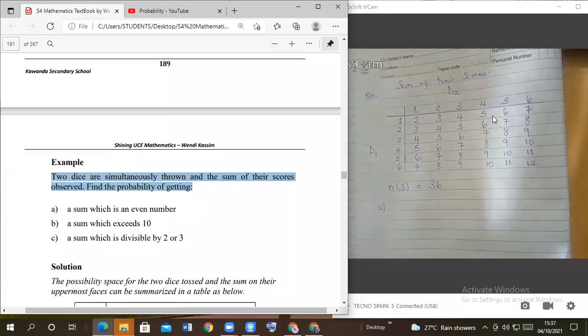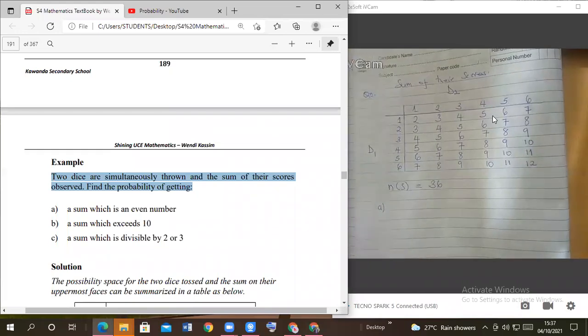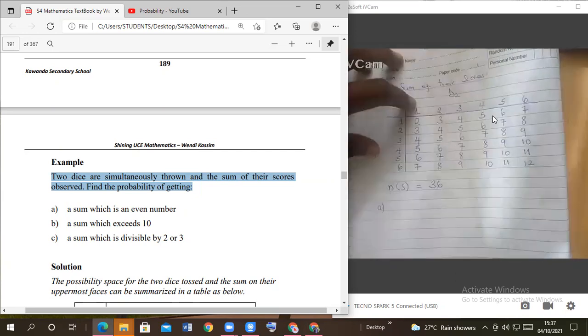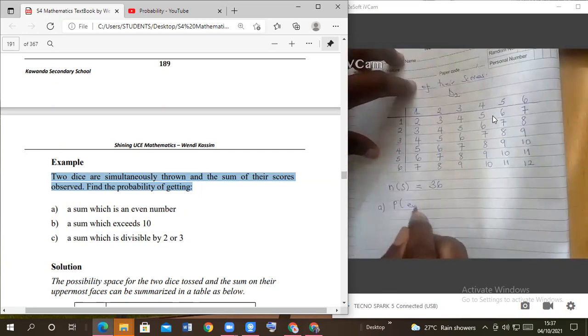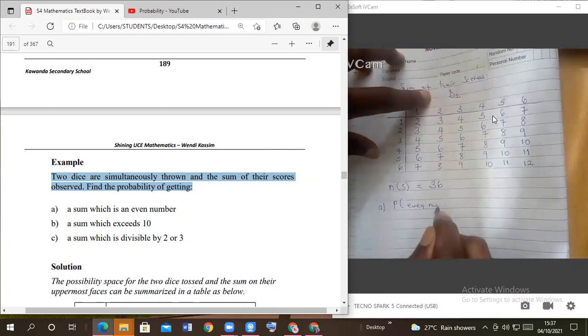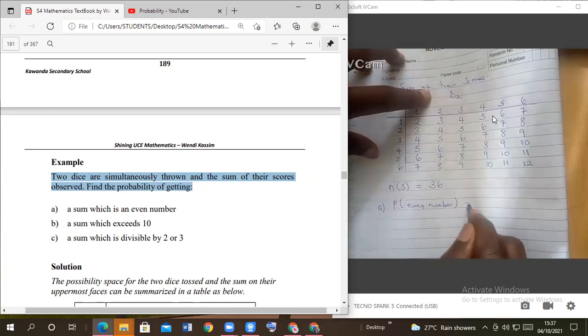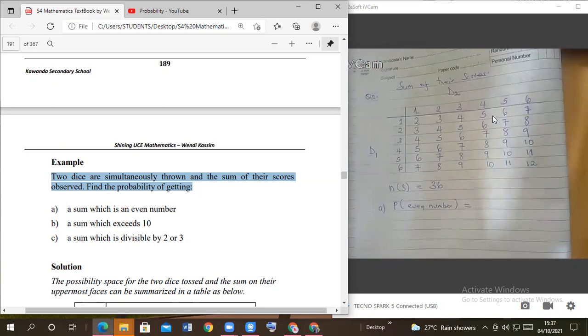Then part A of the question, they want us to find the probability of getting a sum which is even. So probability of getting an even number. We said even numbers are numbers which are divisible by 2.